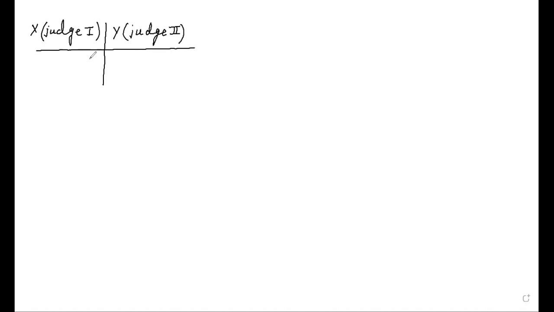Let the rank given by judge 1 be X, and the rank given by judge 2 be Y. The total number of participants in this case is 12.